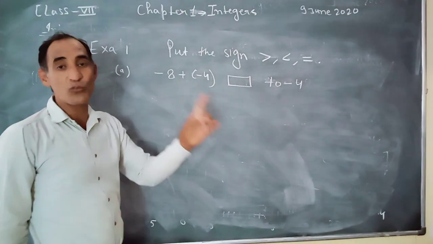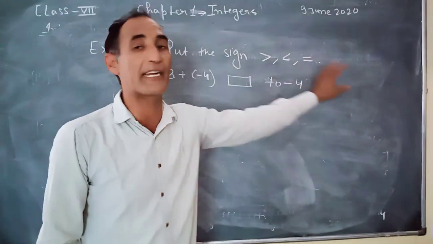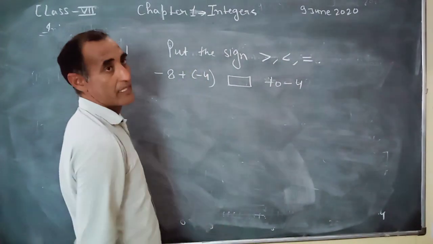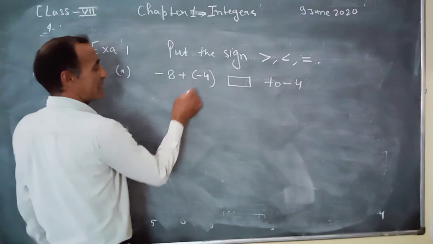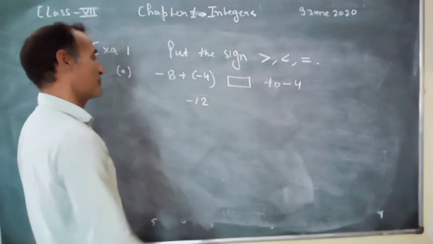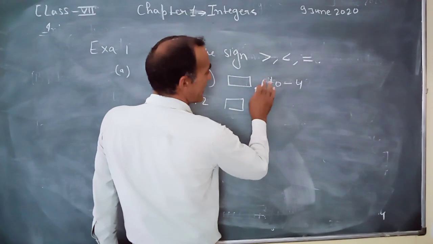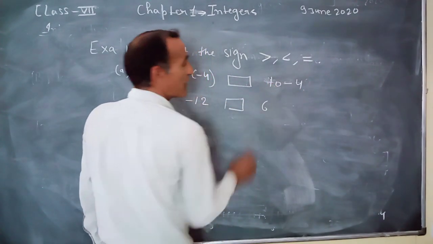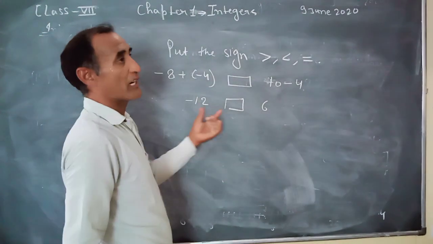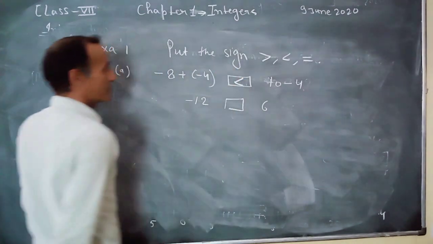At first we solve it, and after that we put the sign greater, smaller or equal. Both are negative numbers, so we add them and find the negative number -12. Here 10 minus 4 we find 6. So the greater number is 6, the smaller number is -12, so we put here the smaller sign.